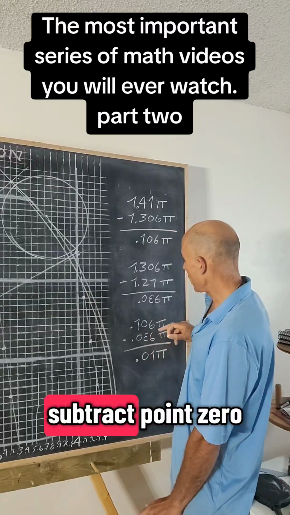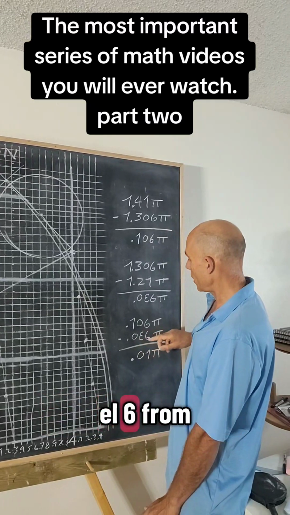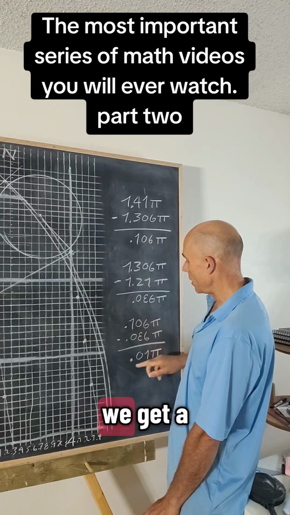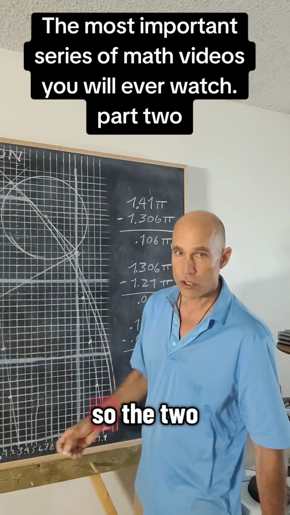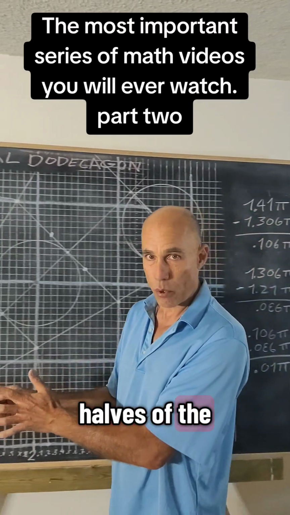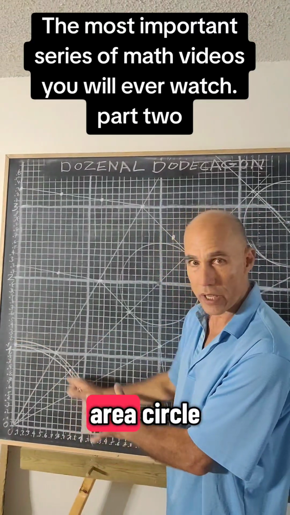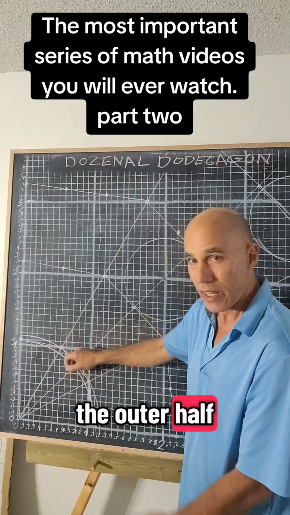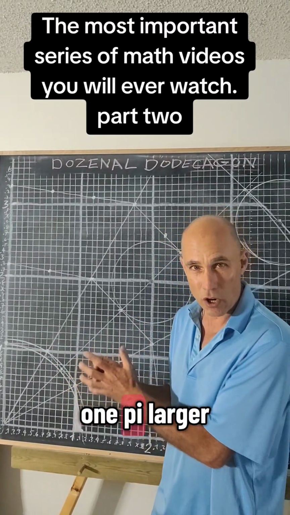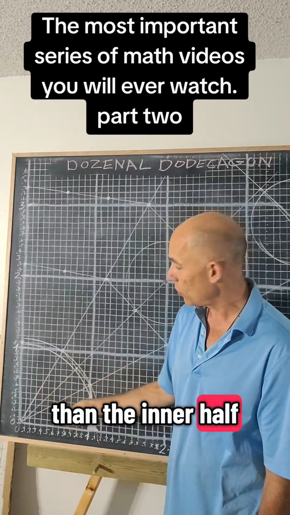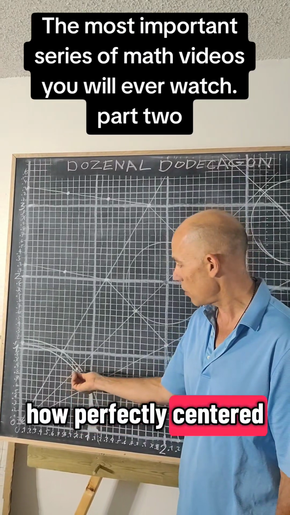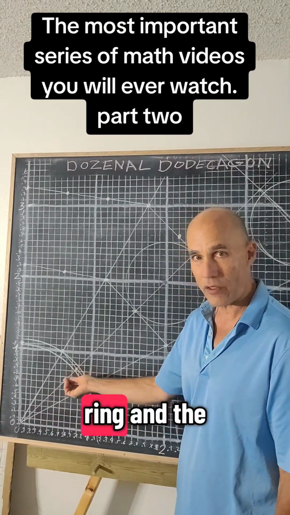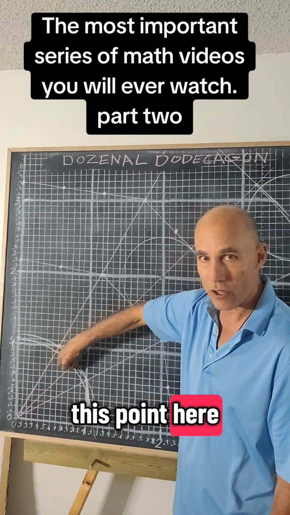So when we subtract 0.0L6 from 0.106, we get a difference of 0.01 pi. So the two halves of the 0.2 pi area circle, the outer half is 0.01 pi larger than the inner half. So that really shows how perfectly centered between the outside ring and the inside ring this point here is.